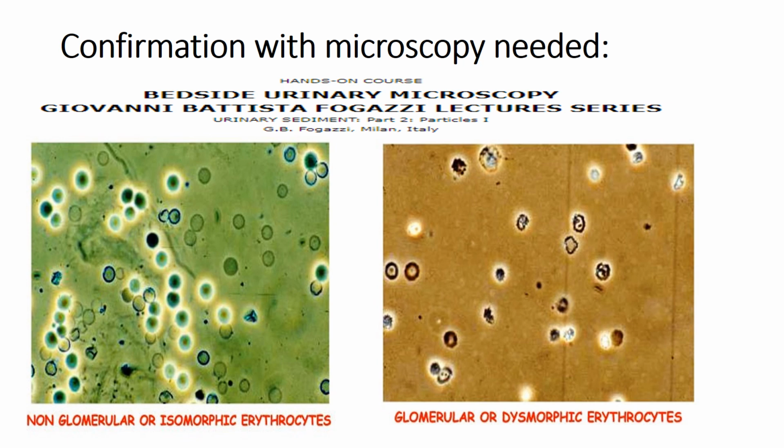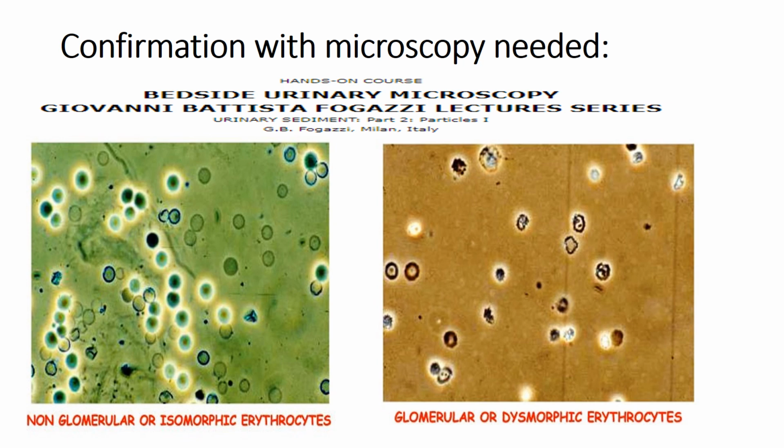They've had to squeeze through the glomerulus to get into the urine. So suggestive of a glomerular cause, as opposed to the image on the left where the red cells are nice and round, discoid and undistorted. That is suggestive of bleeding that's coming from the lower urinary tract or the ureters, and these are known as isomorphic erythrocytes.